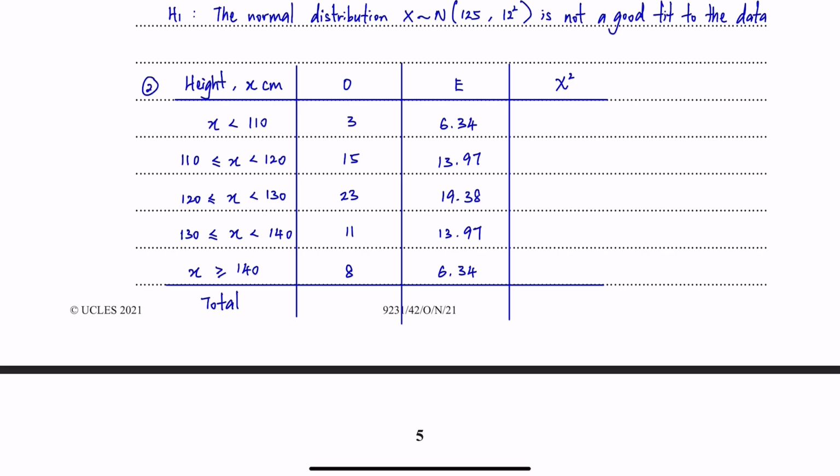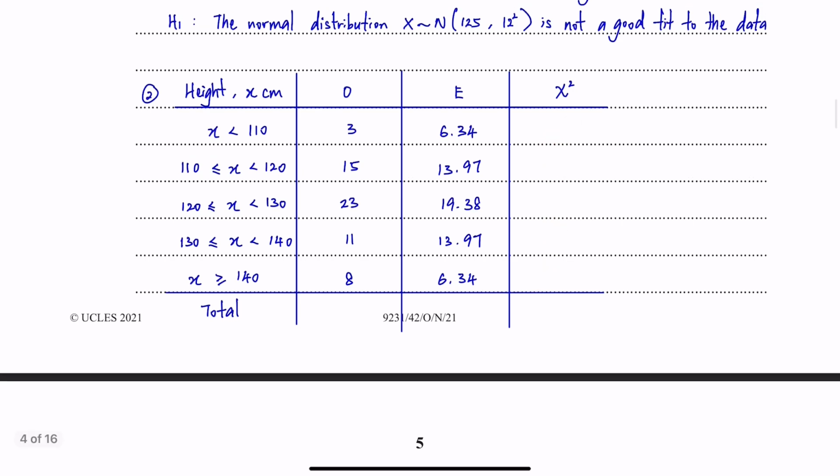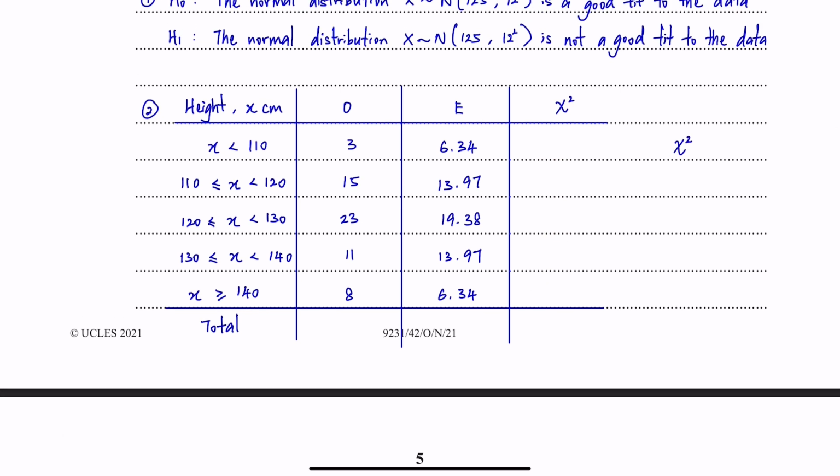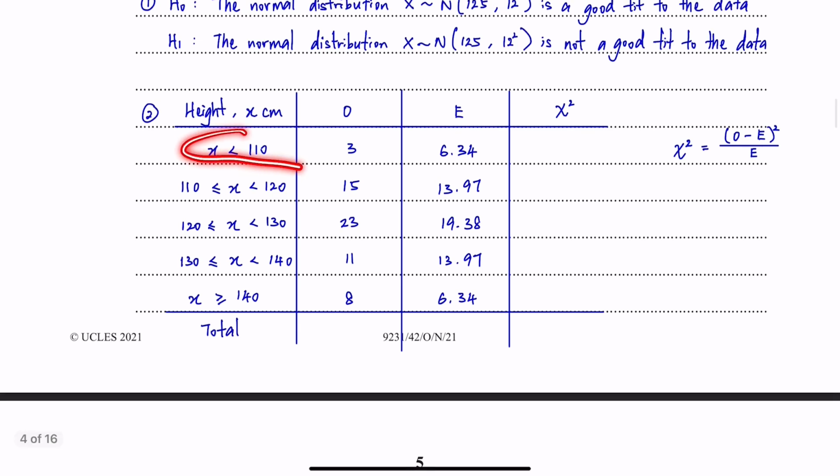And now for chi-square, we need to calculate all these values. So the formula for chi-square would be the square of observed frequency minus the expected frequency divided by the expected frequency. So we just calculate for this row, and this would give us 1.7595.